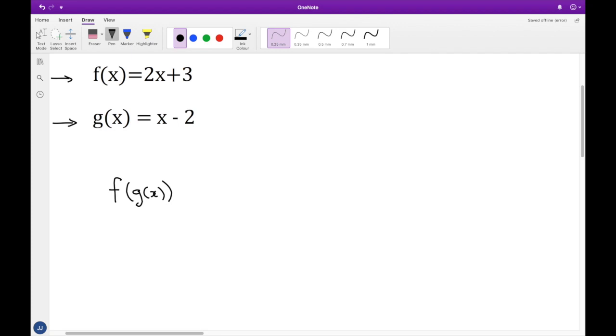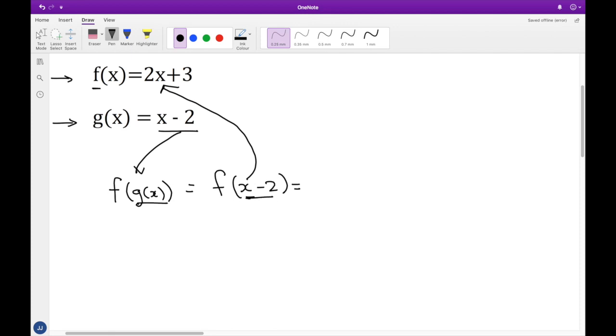You would see that I have the g of x inside of this bracket here. What is the g of x? The g of x is this equation. So I want this equation inside of this bracket here. So that means that the f of the g of x is x minus 2, right? And so now I am going to take this x minus 2 and put it anywhere in the f equation that I have x.